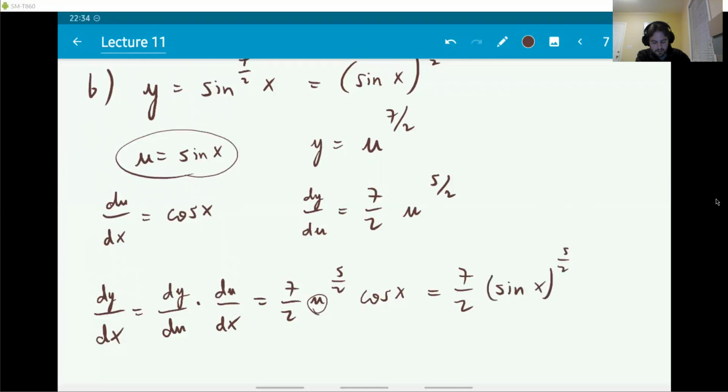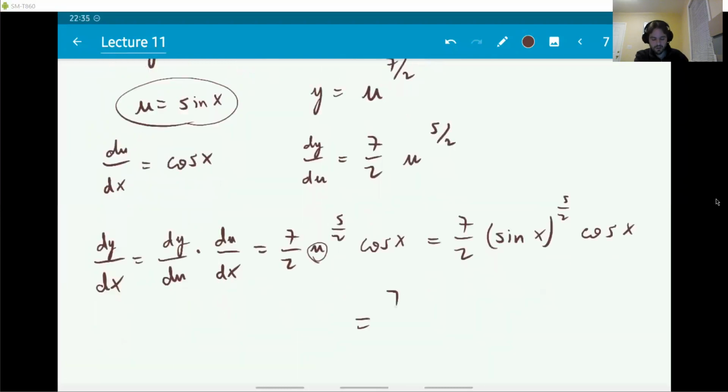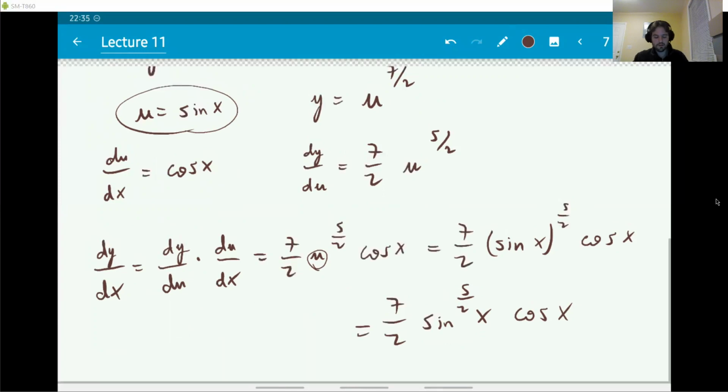So we have sine x to the 5/2 cosine x, which we can also write, again, using this special notation for powers of trig. You can write this 5/2 power on top of the name sine. It means the same thing. That's your derivative here.